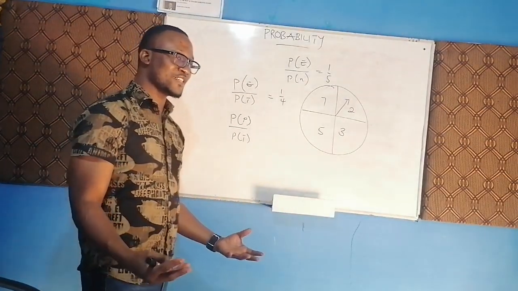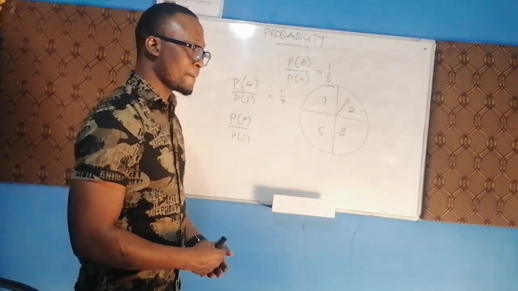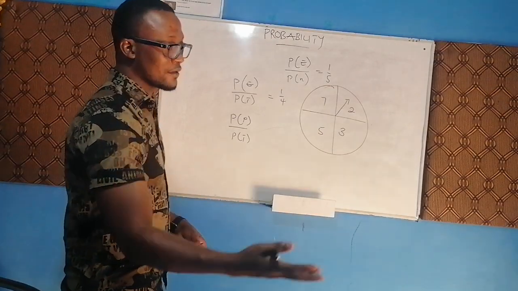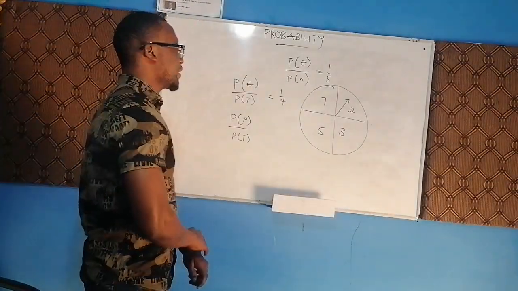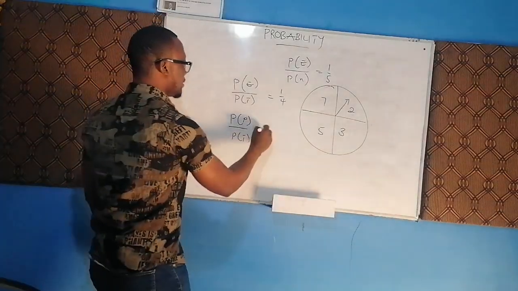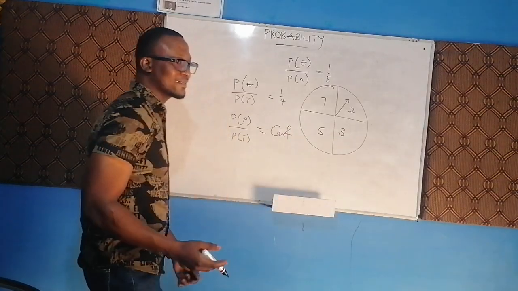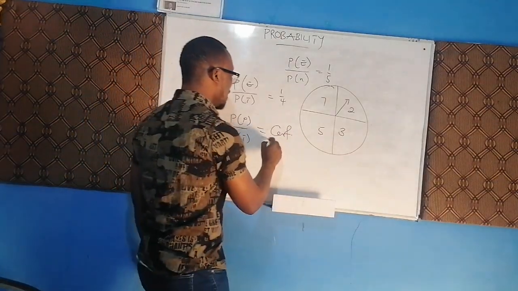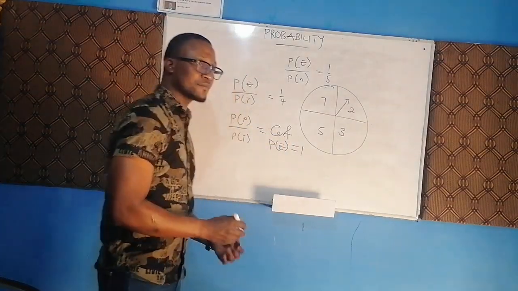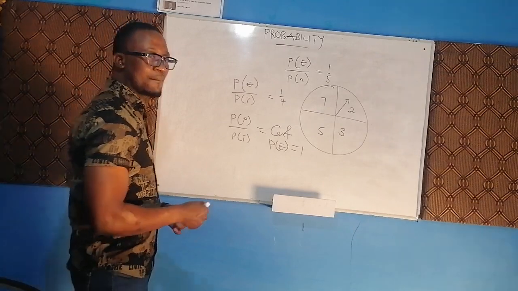And what is basically the definition of a prime number? A prime number is a number that has 1 and itself as factors. Very important. That is why 2 is the only even prime number. So the probability of you getting a prime number is certainty. It's 1. The probability of an event equal to 1 means certainty.